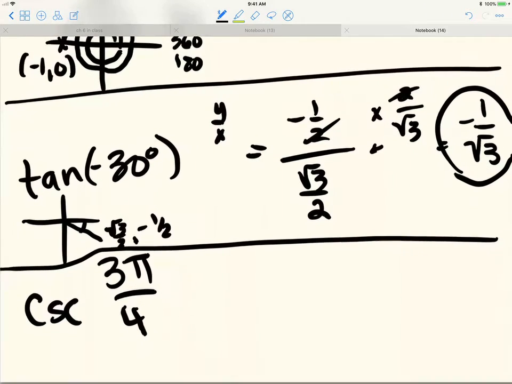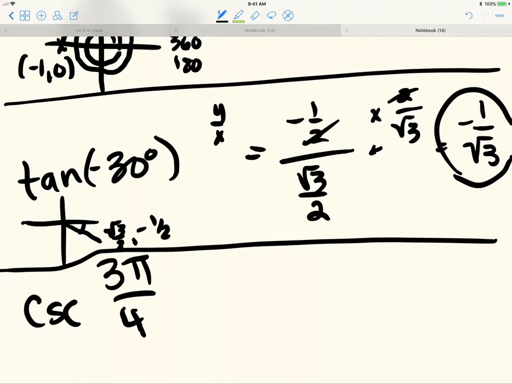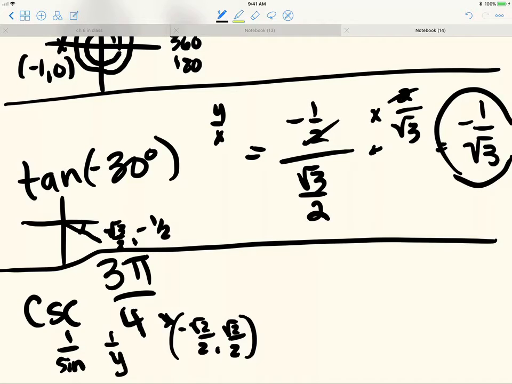Okay. Last question, cosecant of 3 pi over 4. So 3 pi over 4 lives in the second quadrant, where the point is negative square root of 2 over 2 and positive square root of 2 over 2, just from the unit circle coordinate point. Cosecant is the reciprocal of sine. So we're basically doing the reciprocal of the y-coordinate here.